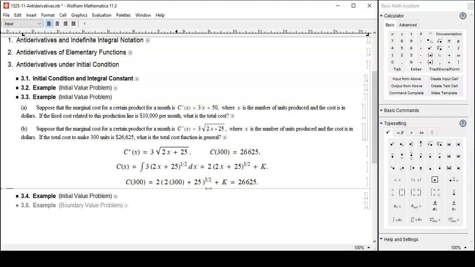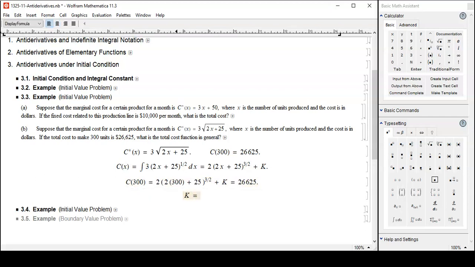So if you want to find out your k value, k is going to be 26,625 minus, well, this value here. And if you do it, you're going to get whatever value. Let's see, 625. 625 is 25 squared. So square root of 25 and the third root of it, well, it's not impossible to calculate, but what's the point?